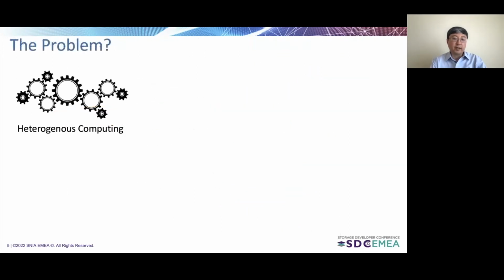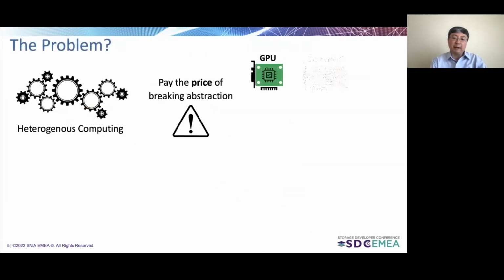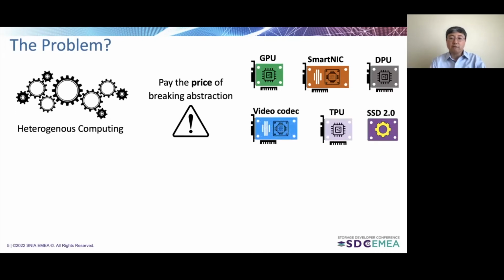But unfortunately, heterogeneous computing by nature breaks away from the principle of abstraction. Of course, this is true for all heterogeneous computing solutions, not only SSD 2.0. As a result, all heterogeneous computing solutions must pay the cost of breaking the abstractions in the existing systems, for example, the cost of modifying the software at one or multiple abstraction layers and modifying the interface and APIs across adjacent layers.